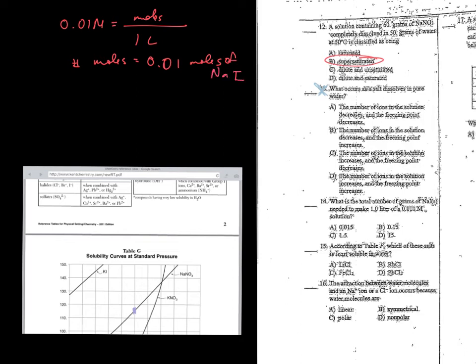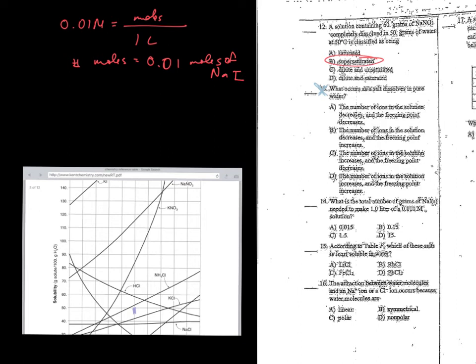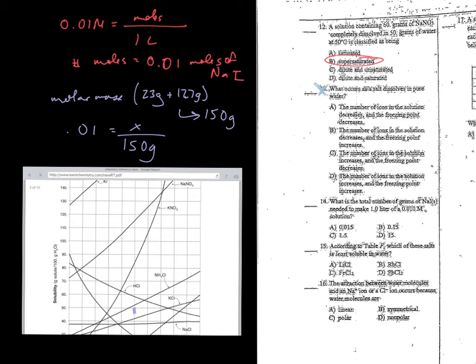But they asked us for grams. So we got to figure out the formula mass, the molar mass of NaI. We got 23 grams of Na plus 127 grams of iodine, that equates to 150 grams of NaI. So 0.01 moles equals our X, the mass, over 150 grams, and we get 1.5 grams needed.